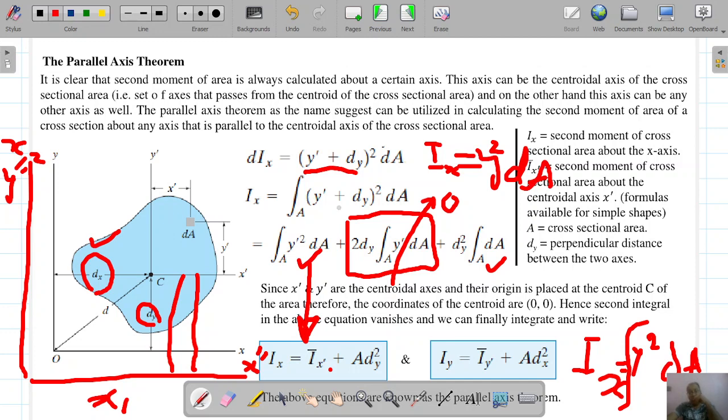It is very important, not only in your first year, but when you go to second year, third year, final year, you will be applying the parallel axis theorem, the second moment of area, the first moment of area, and the centroids a lot. In subjects like dynamics, solid mechanics 1, solid mechanics 2, machine design, machine dynamics, mechanical vibrations.